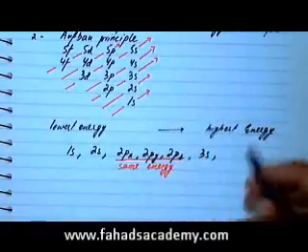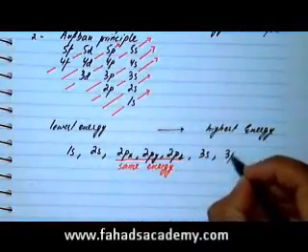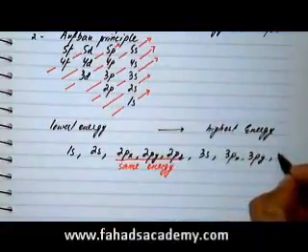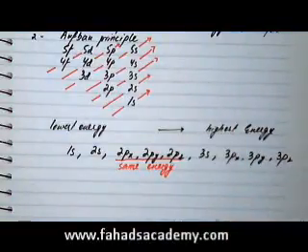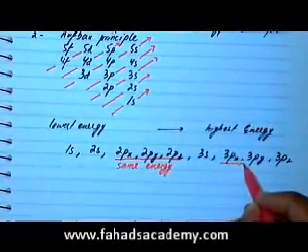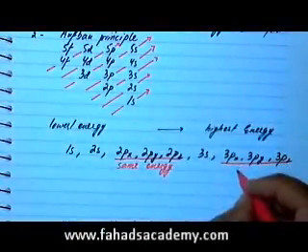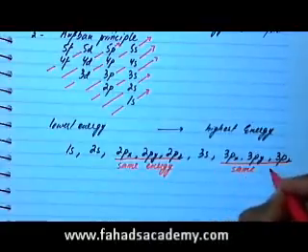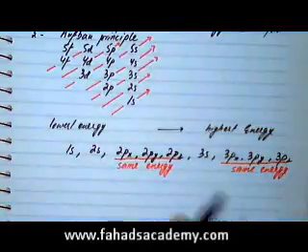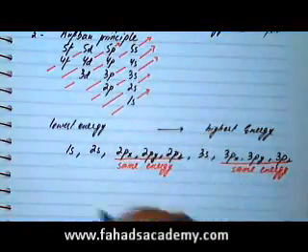After 3s you again have the 3p orbital, which is 3px, 3py, and 3pz. And since they all comprise the 3p orbital, they have the same energy. Then after the 3p orbital you have the 4s.